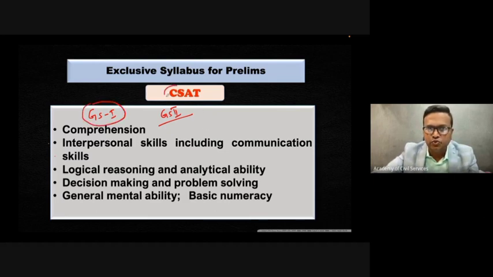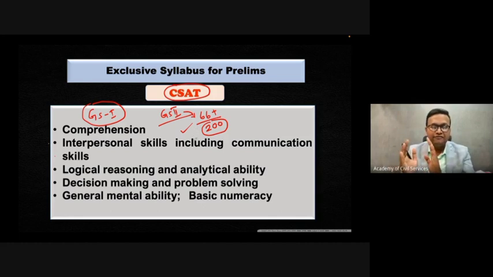General Studies 2 is called the CSAT paper. Out of 200, if you are able to secure 66 or above, you qualify the CSAT paper. The CSAT paper is a qualifier paper. You need to secure 66 plus.